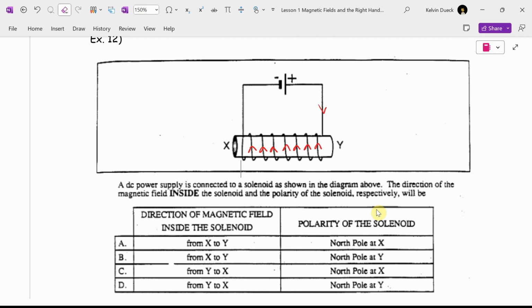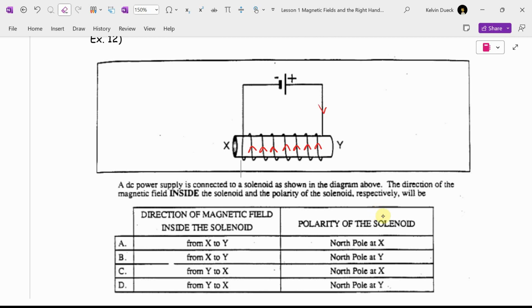Callie is correct. You're either going to hold it like this or like this. You're going to hold it so that your fingers curl in the direction of the current. So here's the question. Which side is north, X or Y?